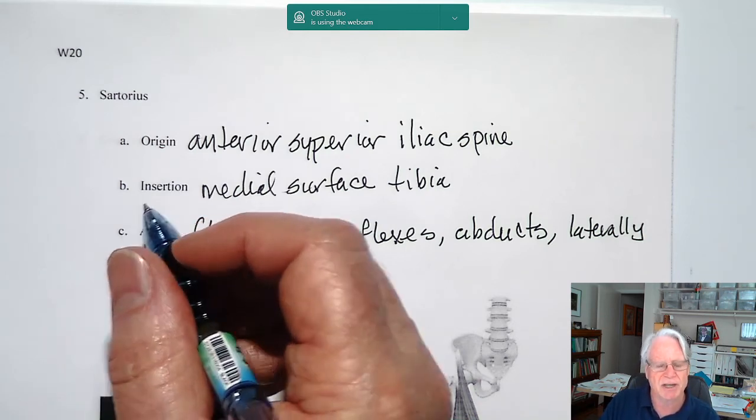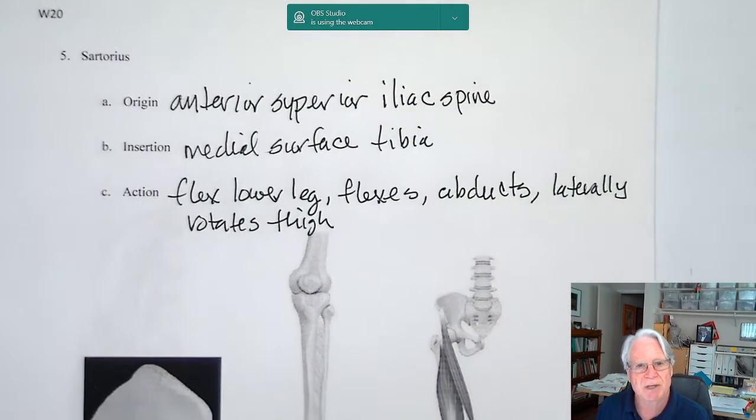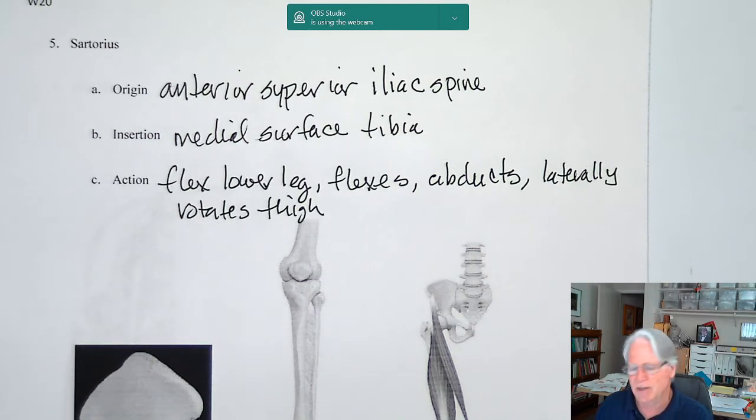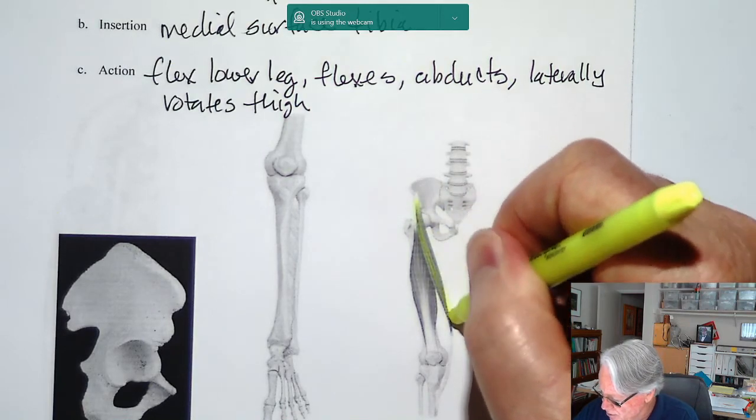So by crossing your leg, you create kind of a table for the cloth that you're working on as you're sewing and making your garment. So that's why it's called the tailor's muscle. Okay. So flexing the lower leg, flexing the thigh, abducting the thigh, and laterally rotating the thigh. All right, so let's identify the muscle in the image, and that's this one right here. That muscle right there.